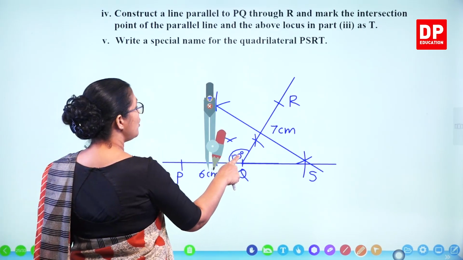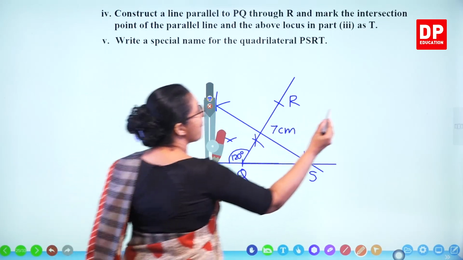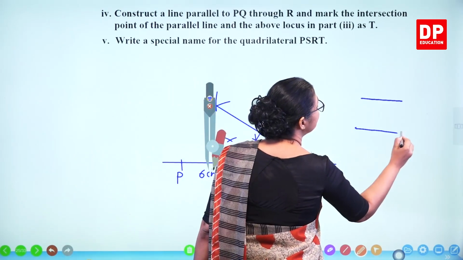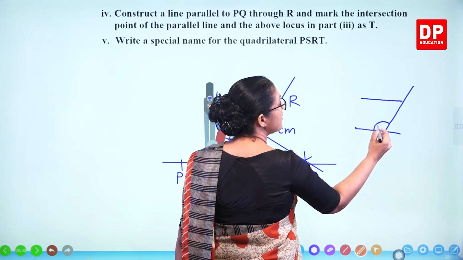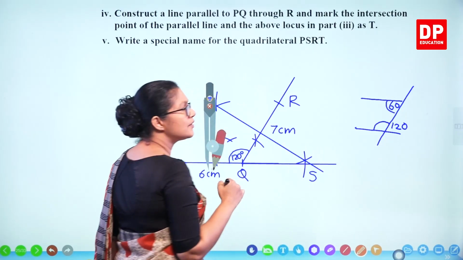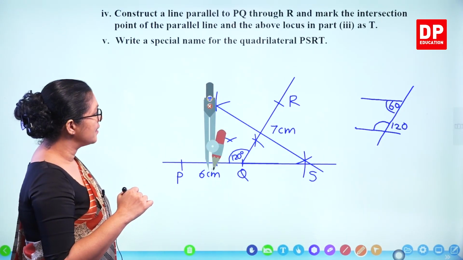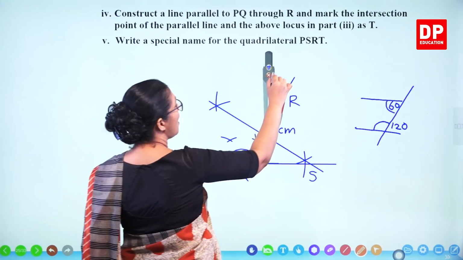So we can use the 60-degree angle here. If the two lines are parallel, this is 120, means this is a 60-degree angle. So you can use that property to draw a parallel line from R.